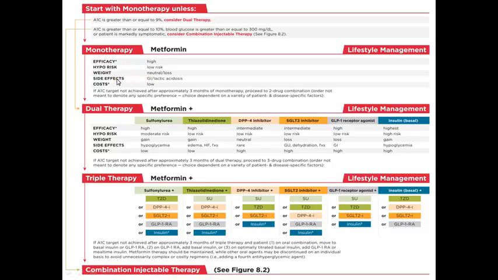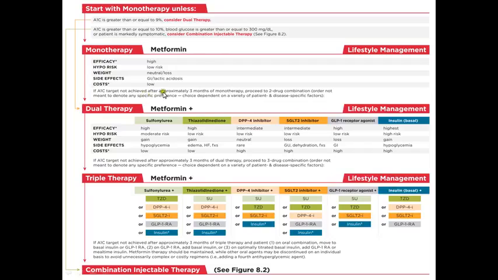The main side effect is gastrointestinal disturbance. Lactic acidosis is also mentioned, though it has not been seen that much.